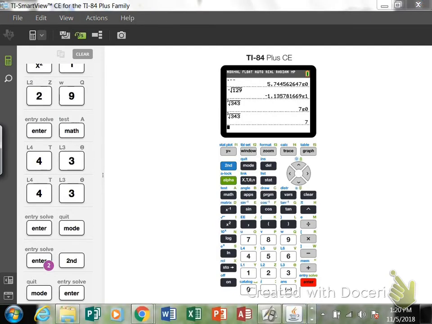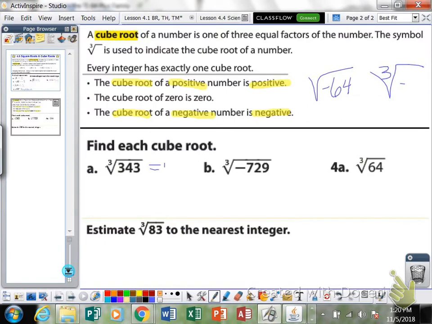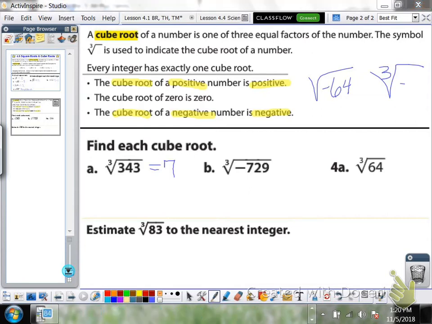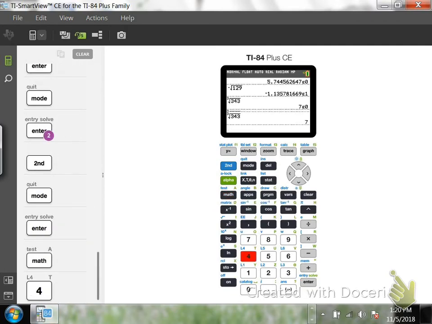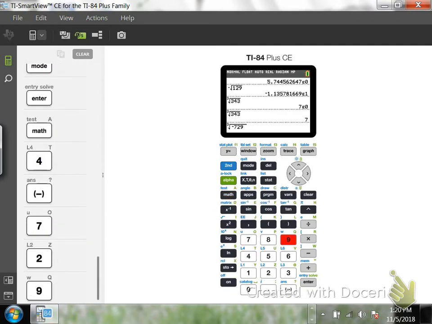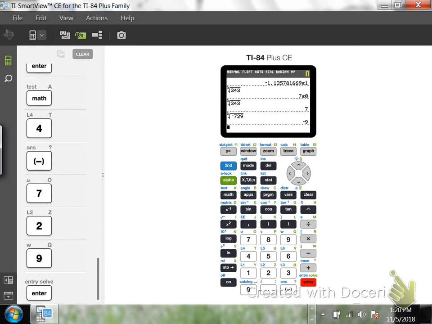So I'm going to come back here, and that equals 7. Now I want the cube root of negative 729. So math, number 4, the cube root of negative 729, and that is going to be negative 9.